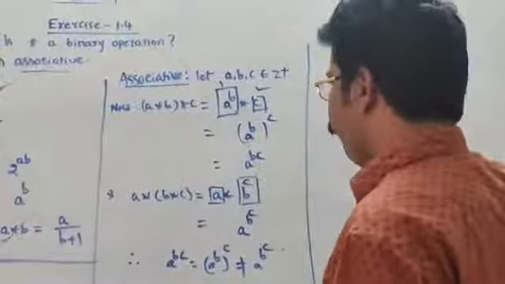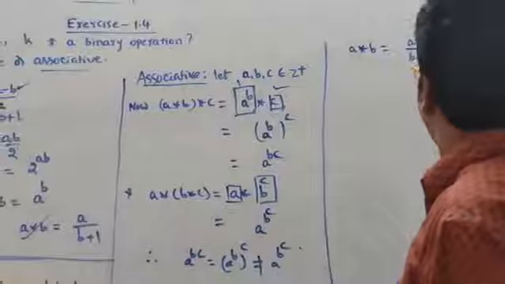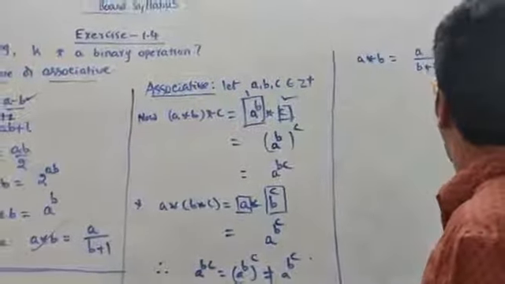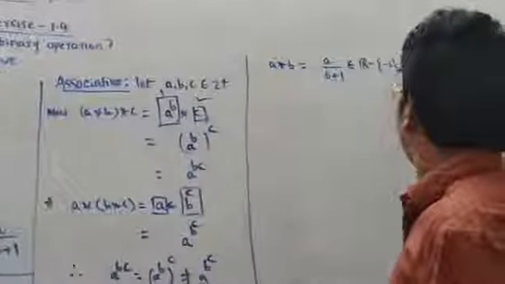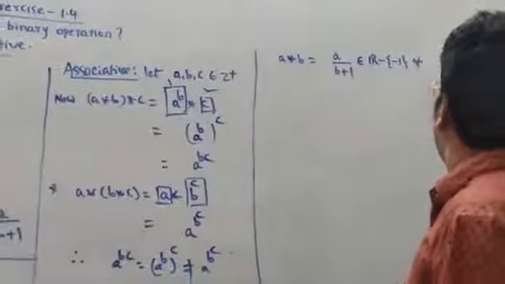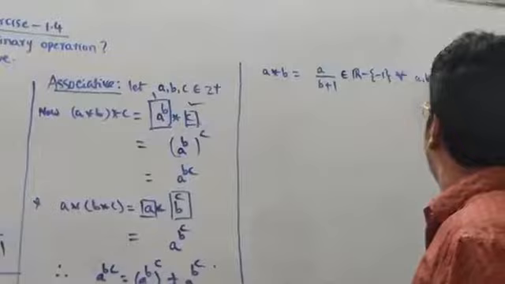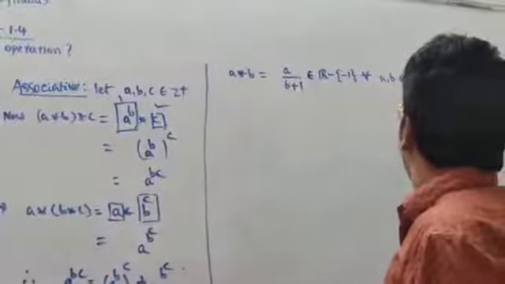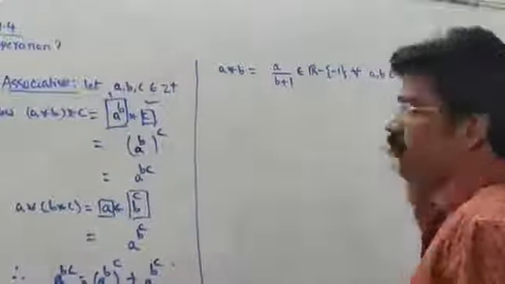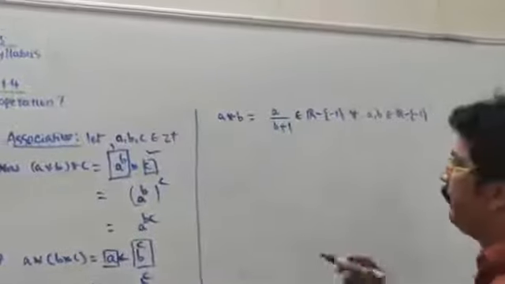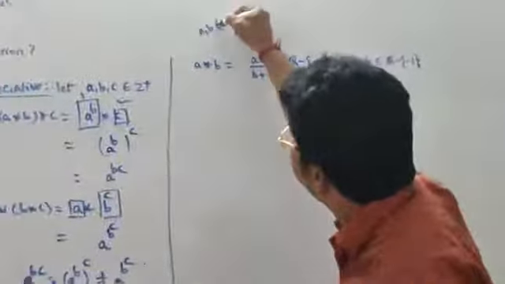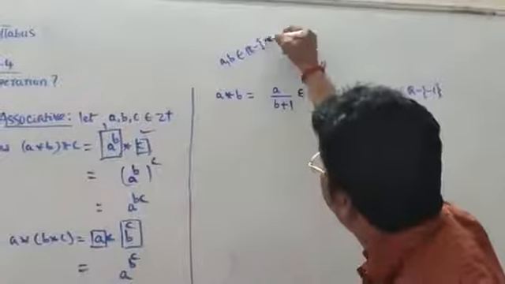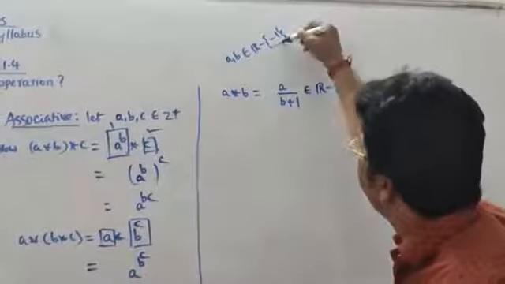Here, definitely it belongs to any real number minus 1. For all A, B that belong to any real number except minus 1. What I am telling is, take two elements A, B that belong to R minus {-1}.